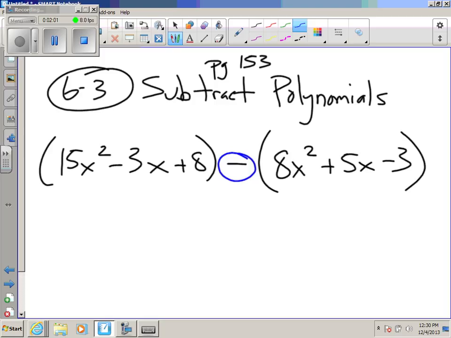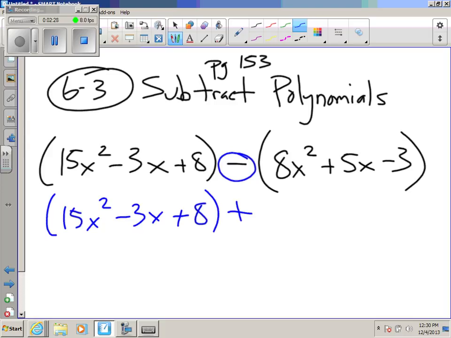We're going to use the additive inverse. So we're going to multiply everything in the second set of parentheses by a negative 1. The only thing that's going to change is the sign in front of each of these terms. So I can change this right here to a plus.